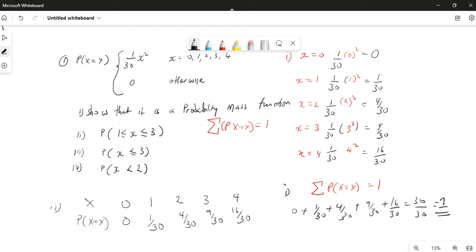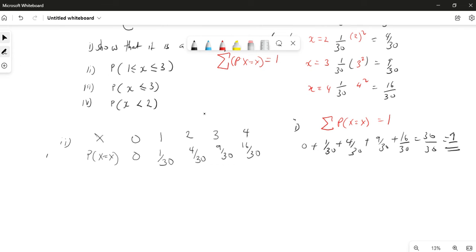Now we go to question 2. We have to find the probability that our random variable is greater than or equal to 1 and less than or equal to 3.